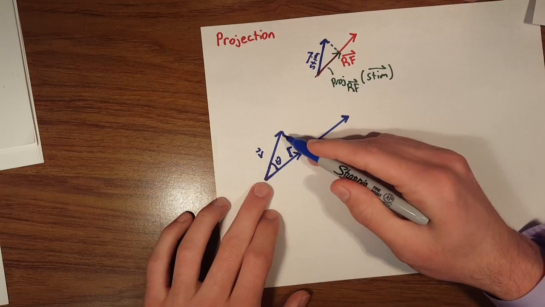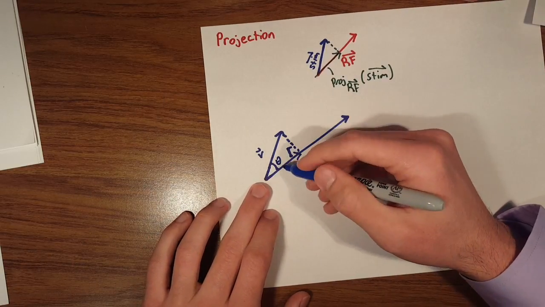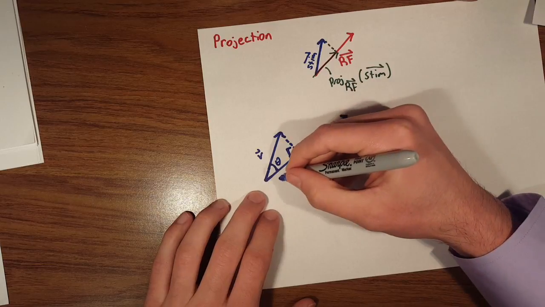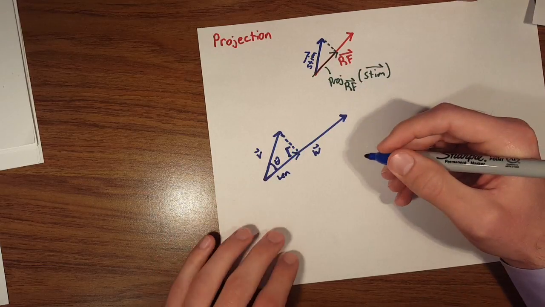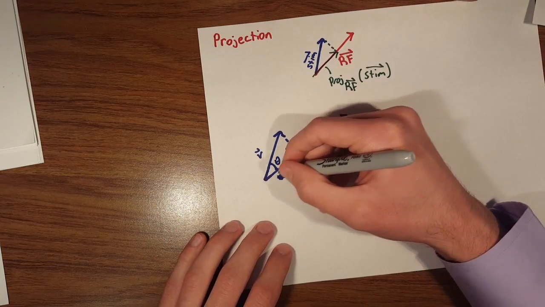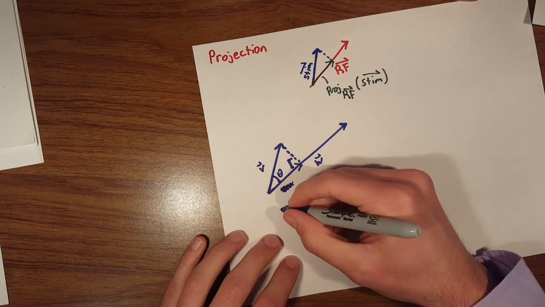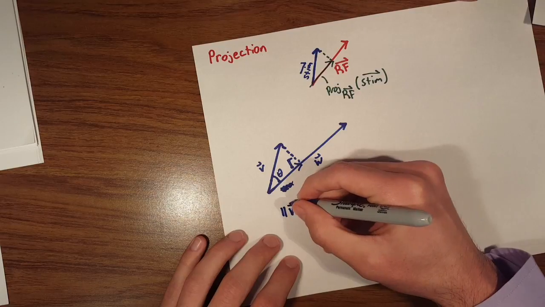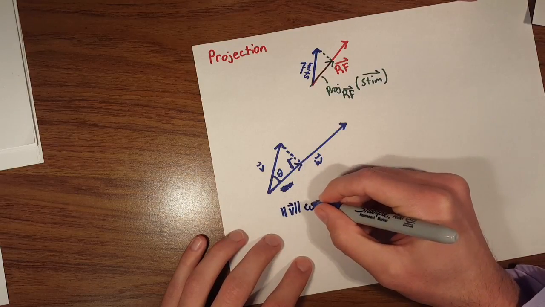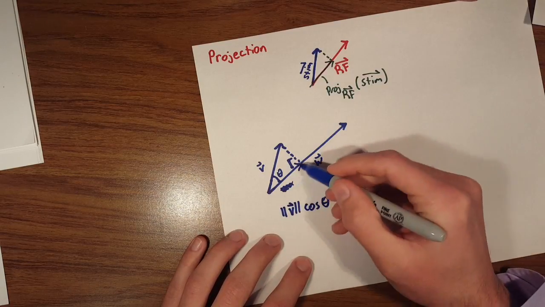Basically, the length of this thing here is going to be the length of v, which is the hypotenuse of that right angle triangle, times cosine of theta, right?